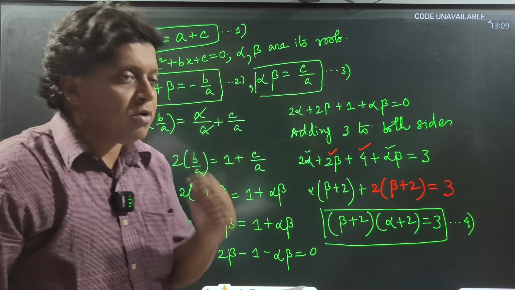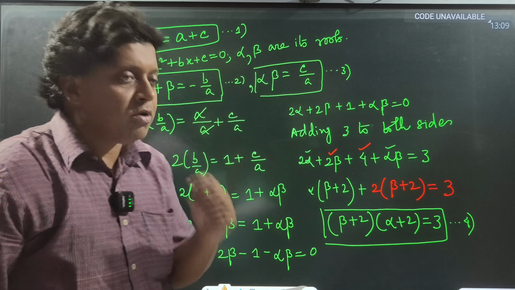What are the ordered pairs? Look at this very carefully. 1 comma 3, 3 comma 1, minus 1 comma minus 3, and the reverse pair minus 3 comma minus 1.